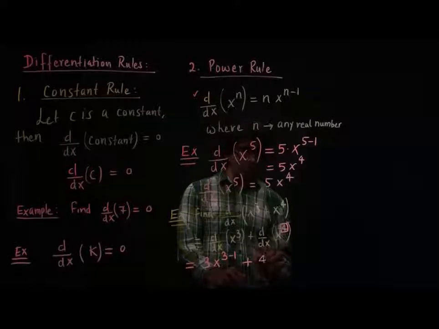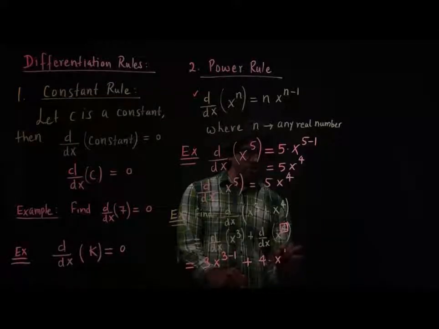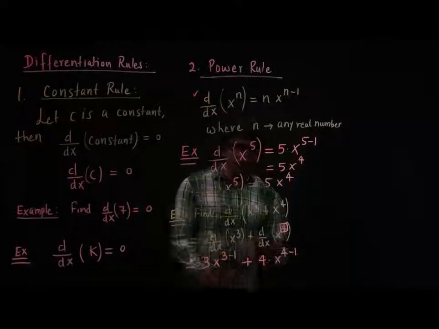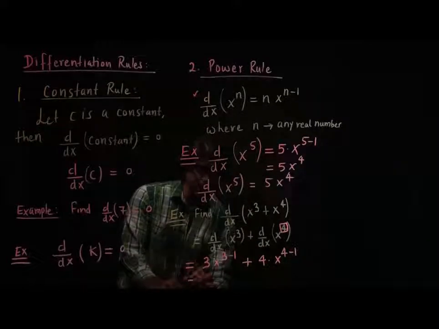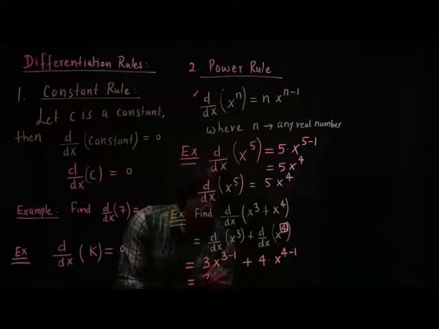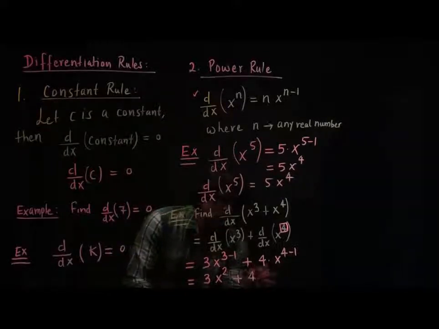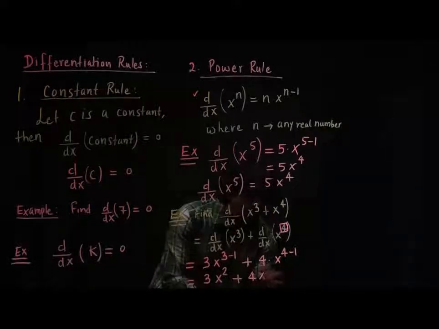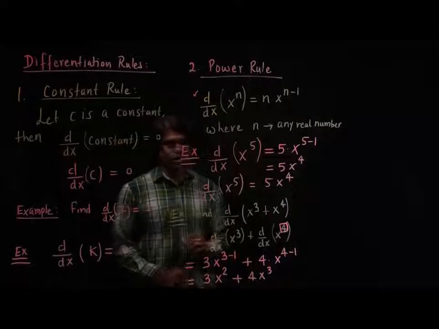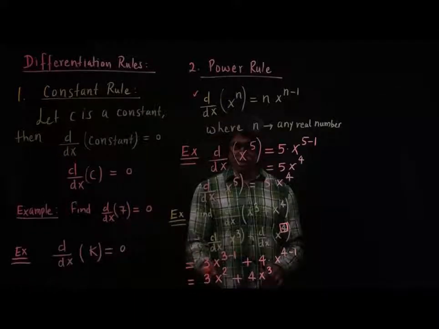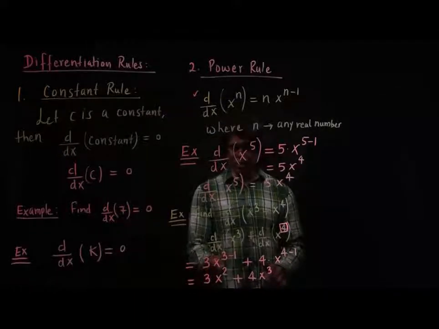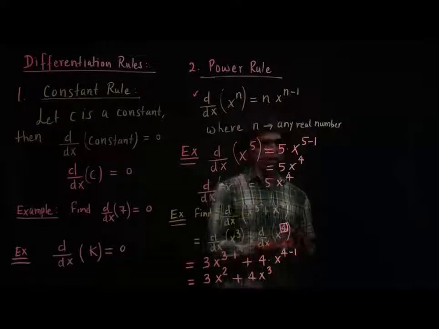So I will write 4 times x to the power 4 minus 1. Now let's simplify further, and if we do that, we will have 3, and x to the power 3 minus 1 is what? X squared. Plus 4 x to the power 4 minus 1 is 3, right? So my differentiation will be 3x squared plus 4x to the power 3.